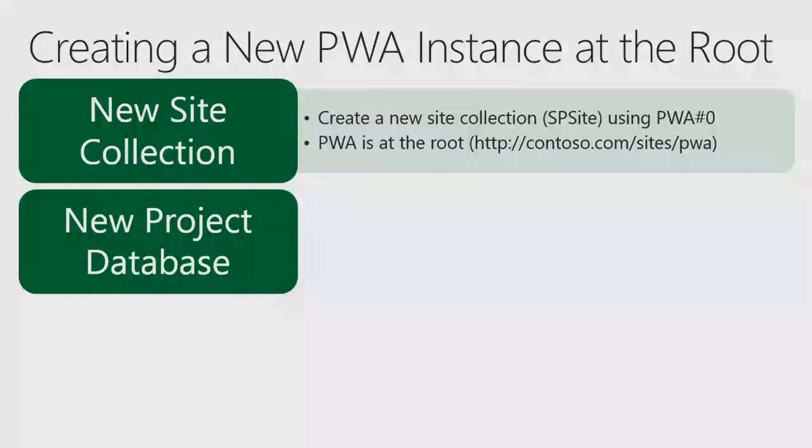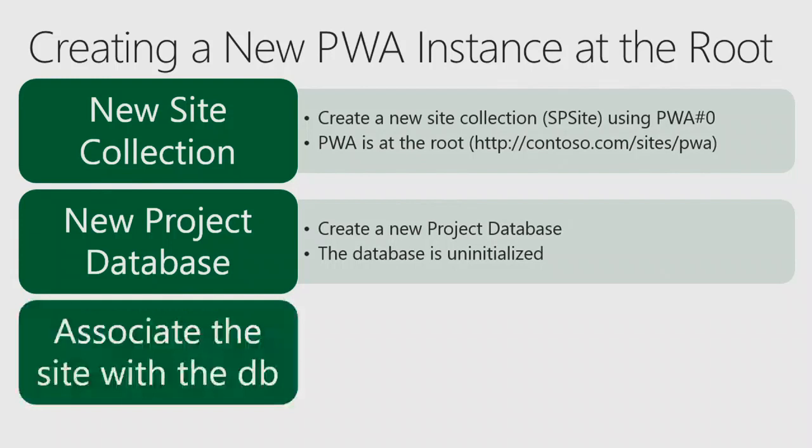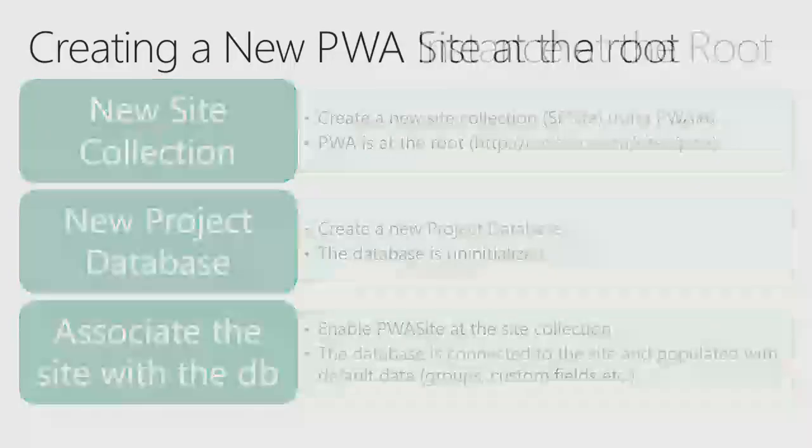Then you create a new project database, and it's just sitting there, uninitialized, and attached to the SP databases. Then you make the association of the two by enabling the PWA site feature on the site collection. This is when we kick off the feature activation handler, which populates all the groups, custom fields, out-of-the-box workflows, and so on.